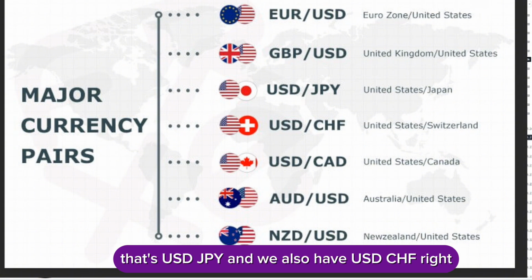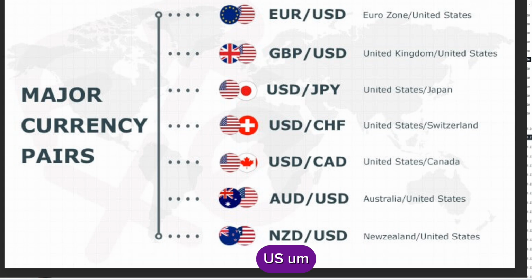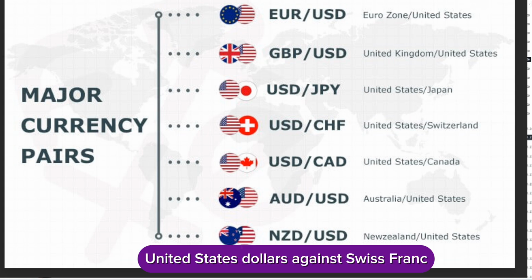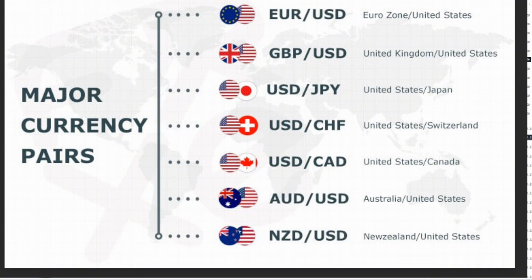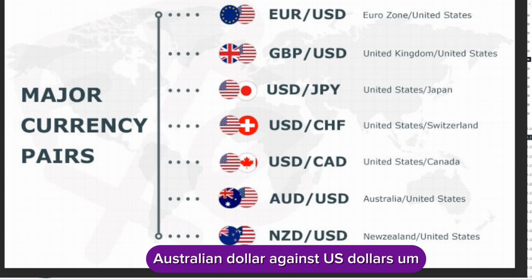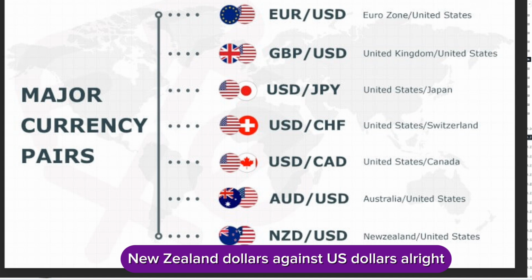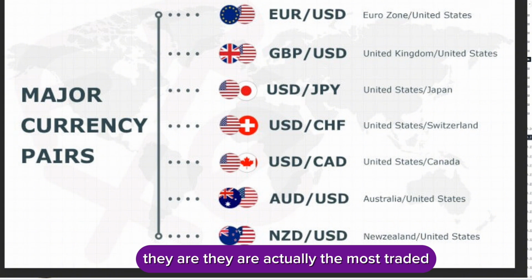And we also have USD CHF, right? United States dollars against Swiss franc, AUD against USD, Australian dollar against US dollars, New Zealand dollars against US dollars. All right, there are about 7 of them. They are actually the most traded.